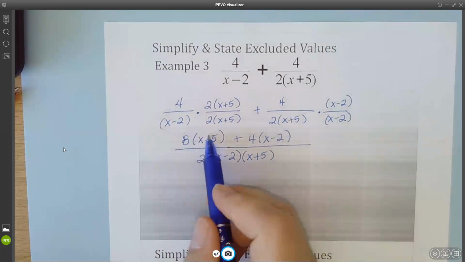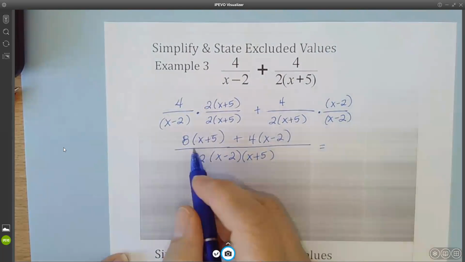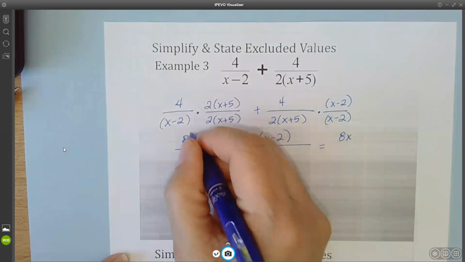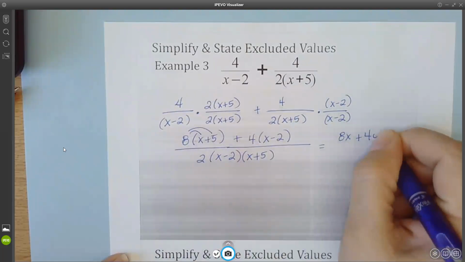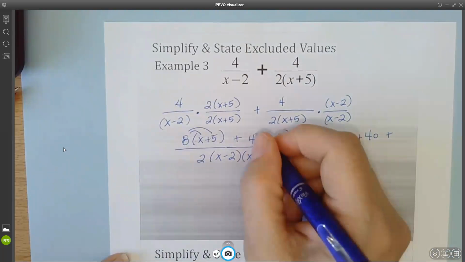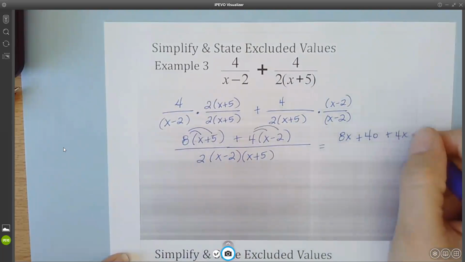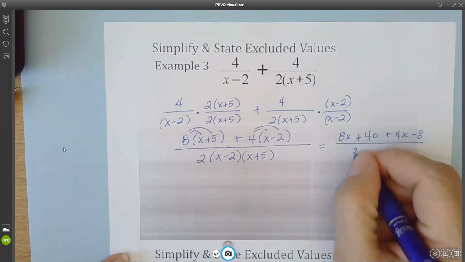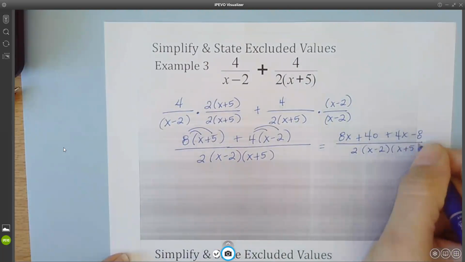We'll distribute and combine like terms. This is 8x plus 40 plus 4x minus 8 over 2 times x minus 2 times x plus 5.